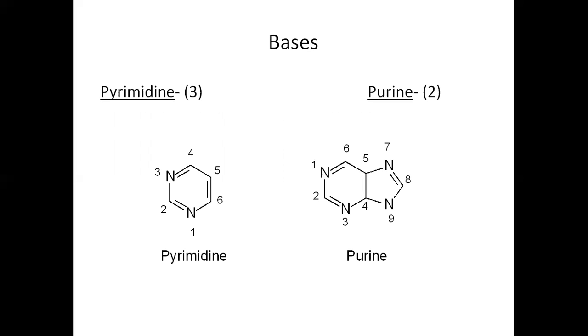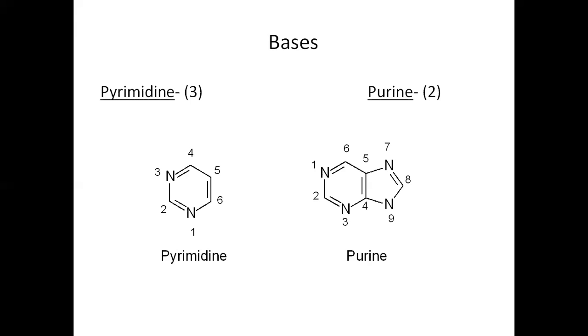There are two classes of bases called pyrimidines and purines, and this slide shows the numbering scheme of both pyrimidine and purine, which is useful in talking about the structure of the nucleosides and nucleotides.